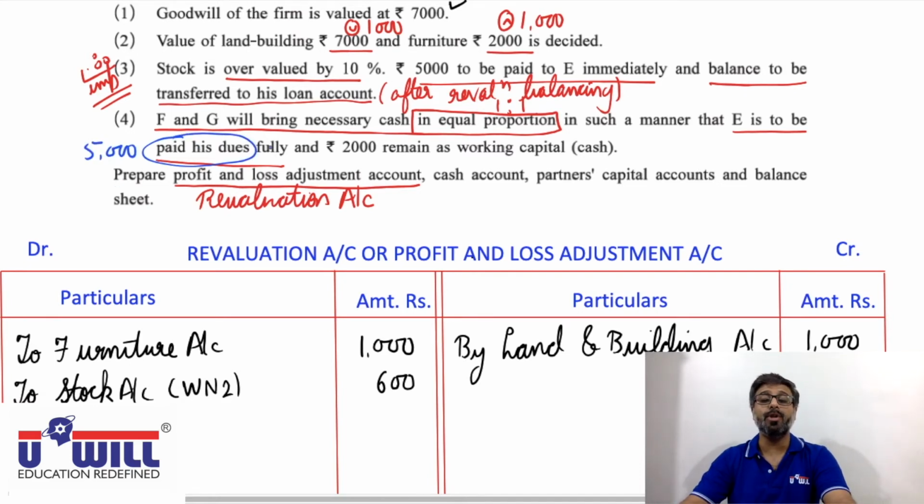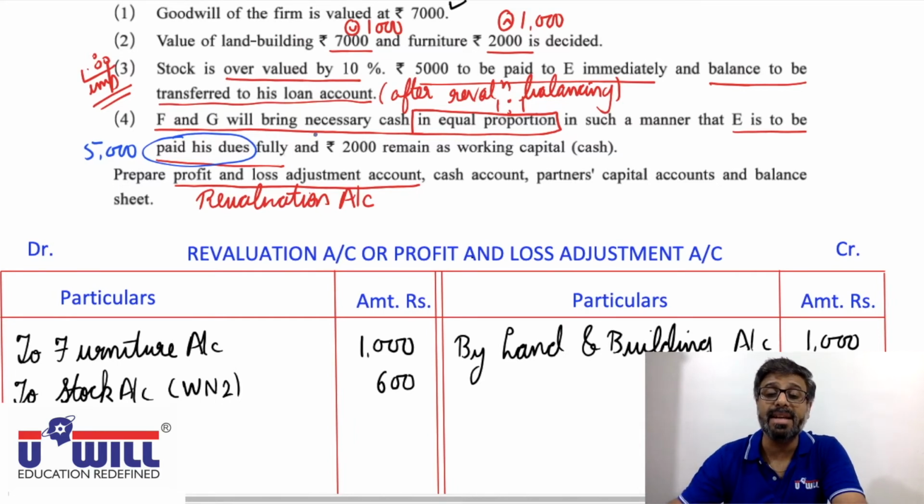Dues fully doesn't mean whatever amount is remaining. We have decided that 5,000 to be paid to E immediately. So right now what are the dues to be paid to him immediately? Right now that full amount of dues to be paid immediately is same 5,000 only.